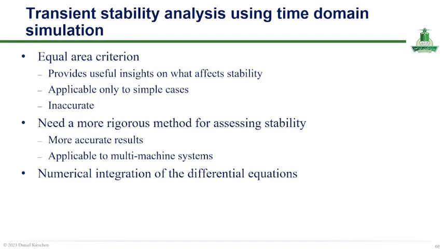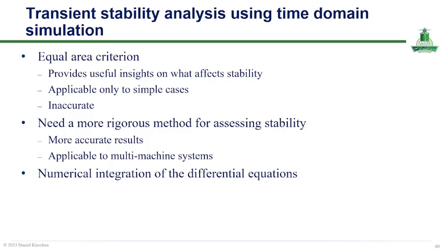Okay, this slide explains the need for transient stability analysis using time domain simulation in modern power systems. This is another multiple-choice question. Although the equal area criterion provides useful insight into the factors affecting system stability, it is limited to simple systems and may produce inaccurate results for complex networks.